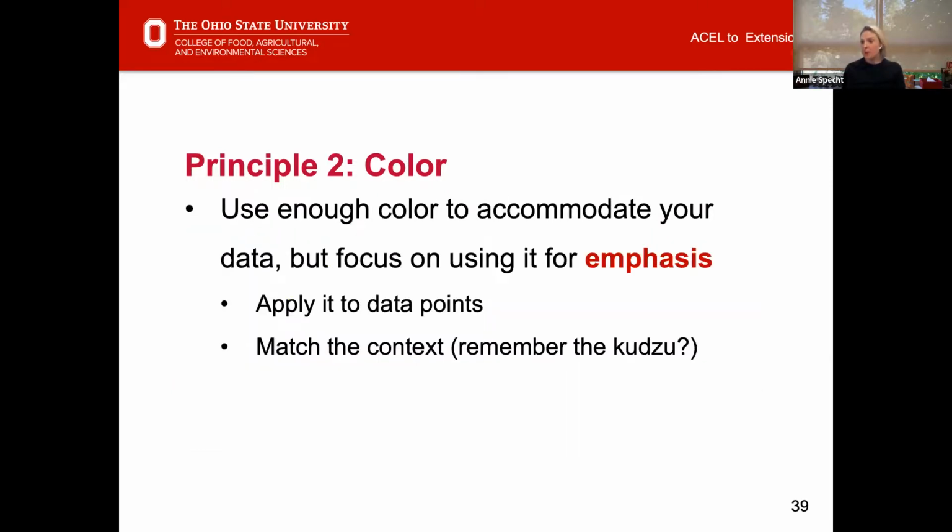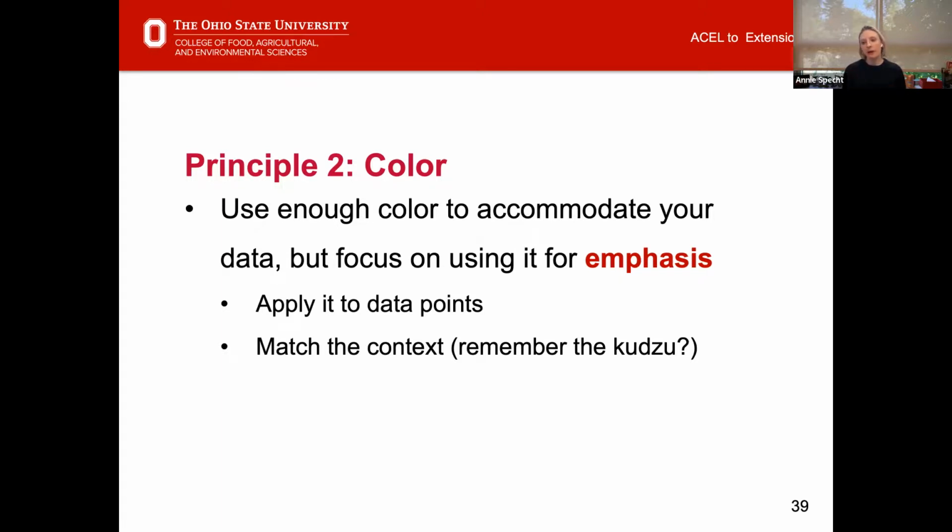We also, when we think about color use, again, want to use it judiciously. We want to use color for emphasis as opposed to grabbing people's attention and blinding them with our visual brilliance, right? So you want to use enough color to accommodate the data, especially if you're working with something that has a key, like the kudzu vine infographic that we looked at, or the map that we looked at.